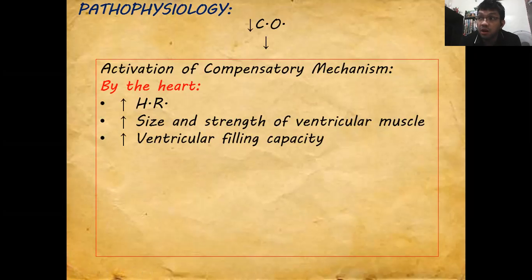So it will increase the heart rate, and at the same time, it will struggle. It will make the heart do more. It will use that much strength to pump out blood from the heart. And there's increased ventricular filling capacity as well to cope with that problem.